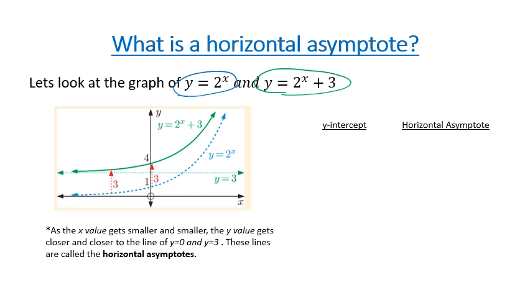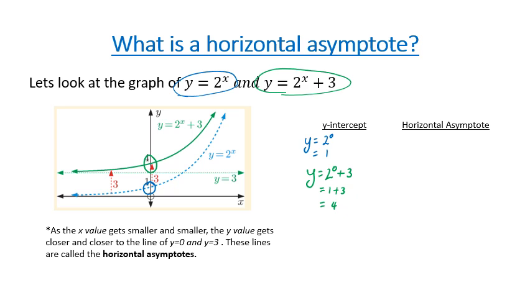So for our blue y-intercept, y equals 2 to the power of 0, which equals 1, and you can see there's our y-intercept. For the green, we've got y equals 2 to the power of 0 plus 3, which is 1 plus 3, which is 4, and again, there's our y-intercept.